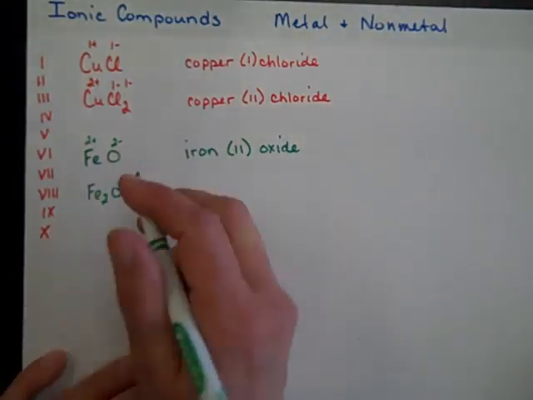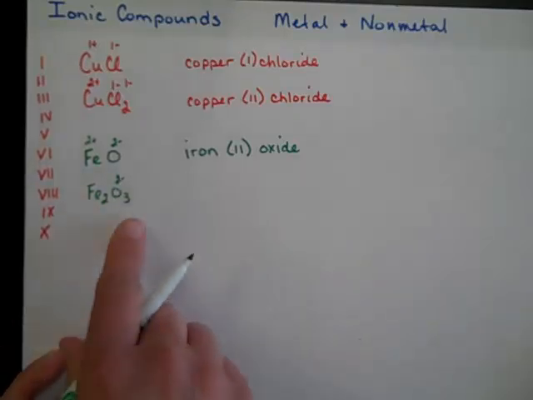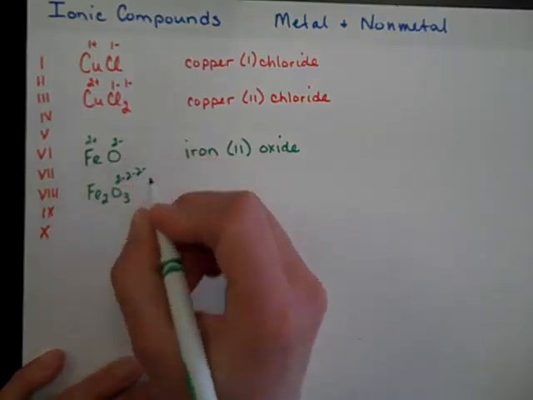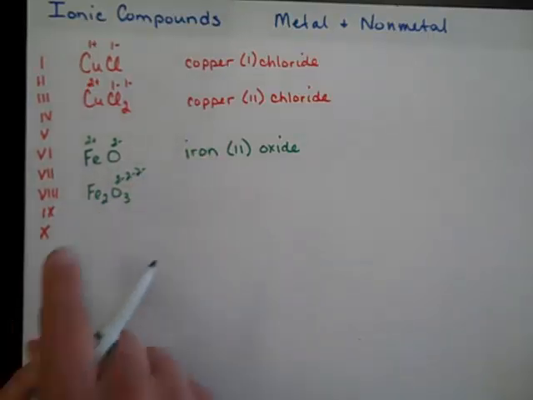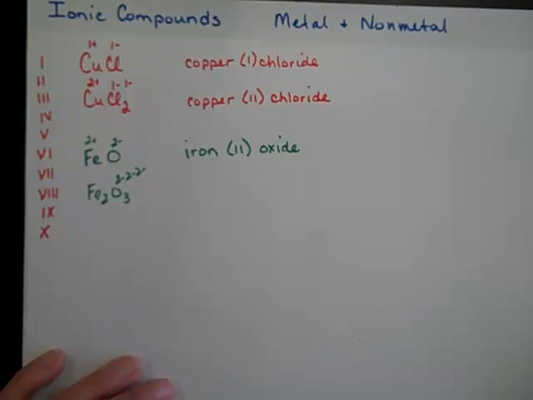Now if we look at this one, the charge on oxygen is still -2, and we have 3 of them. So if we have 3 -2s, that must mean that we have 6 total negatives. So that must mean we need 6 total positives to balance that out.